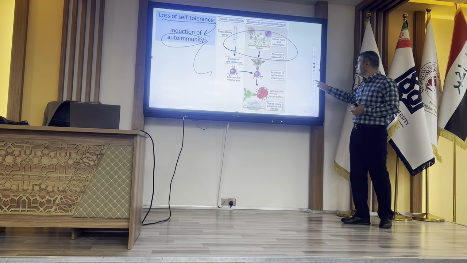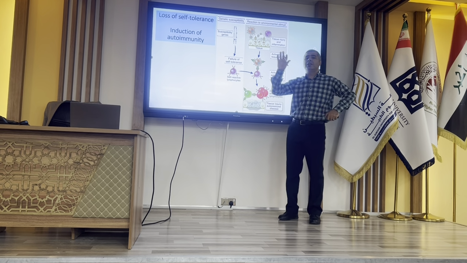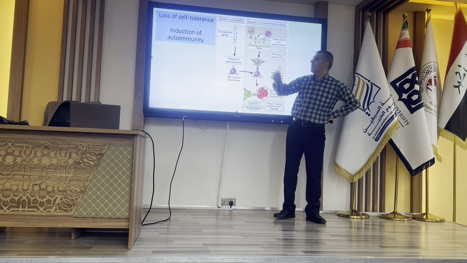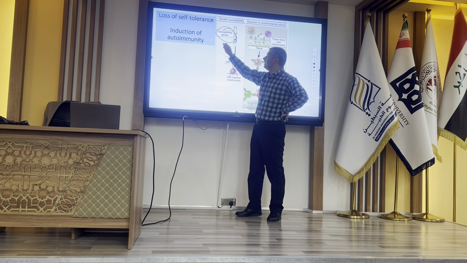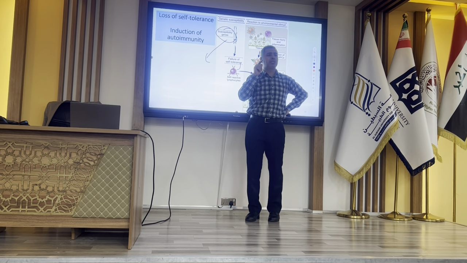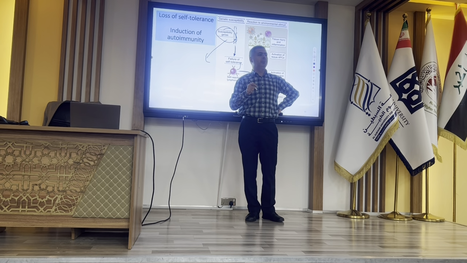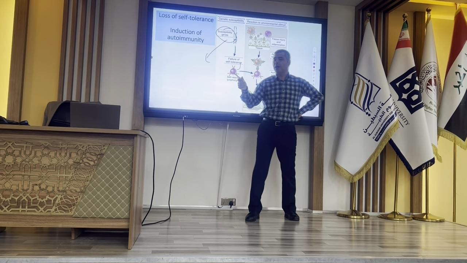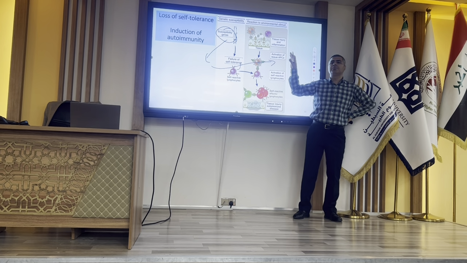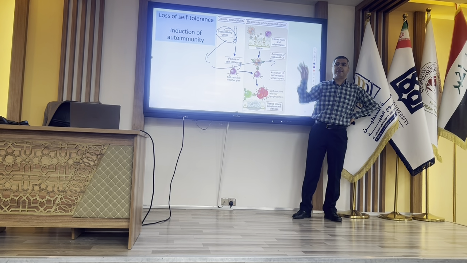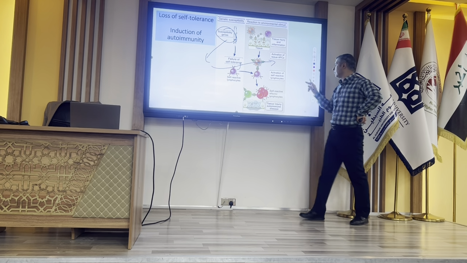That's why it is said that if a person has genetic susceptibility, it doesn't mean that this person will absolutely develop an autoimmune disease. It needs some other inducers, including environmental factors. We need both groups of factors. It is not just one factor.